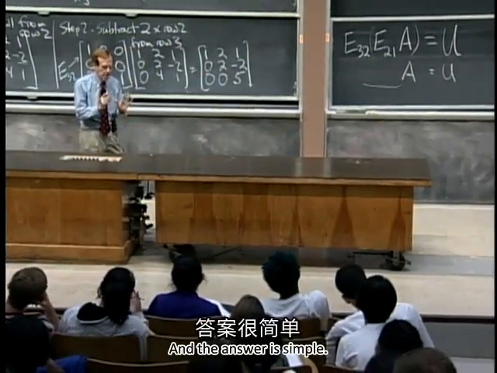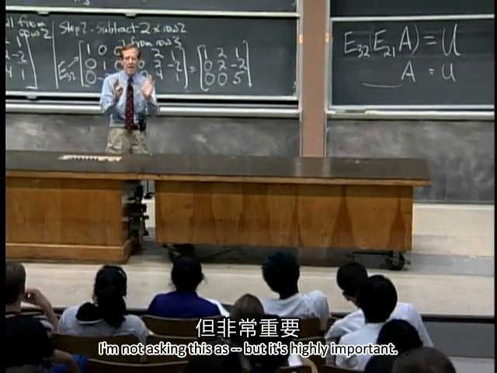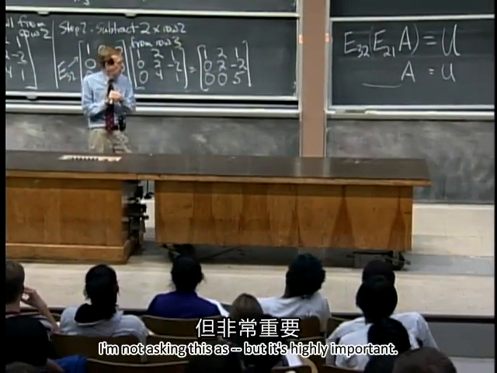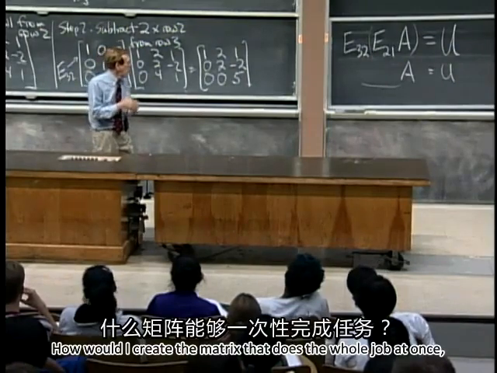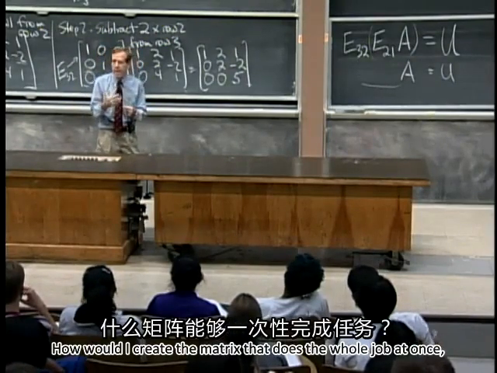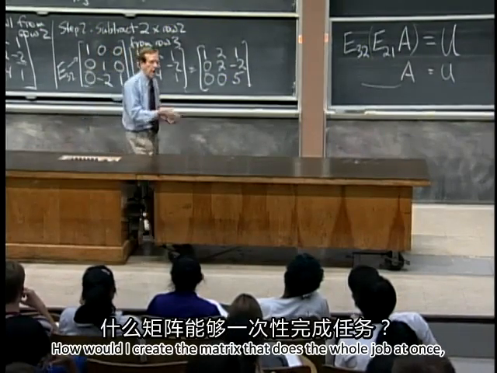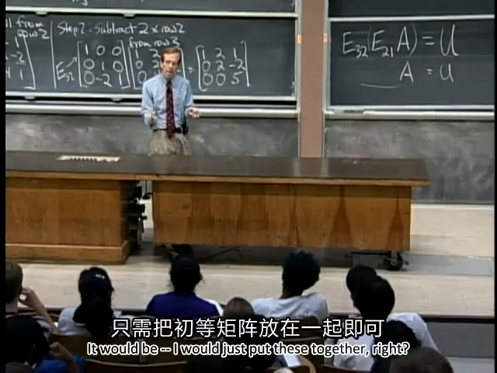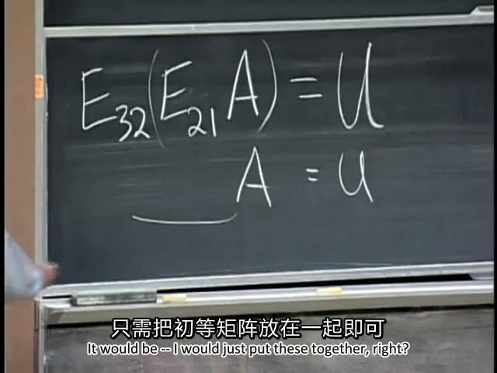So, the answer is simple. I'm not asking but it's highly important. How would I create the matrix that does the whole job at once, that does all of elimination in one shot? I would just put these together, right?